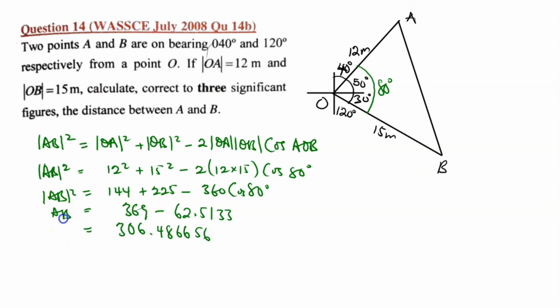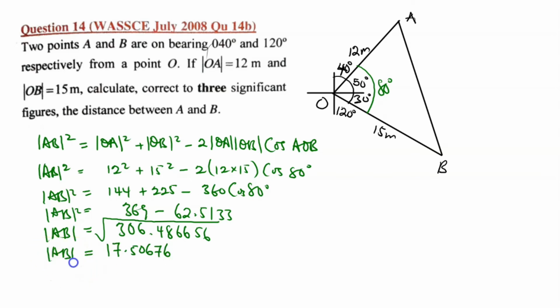So AB squared is that, now the length of AB will be the square root of what we have here. When we find the square root of our answer, we end up getting 17.50676, and that is AB.